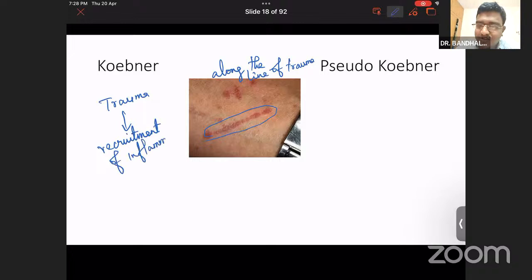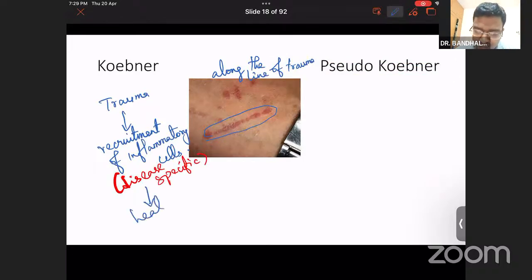If the patient is having psoriasis or vitiligo, what will happen? The inflammatory cells will be disease-specific inflammatory cells. So what will happen?